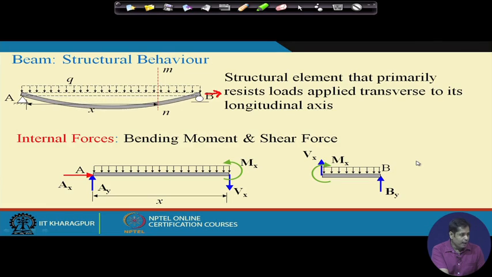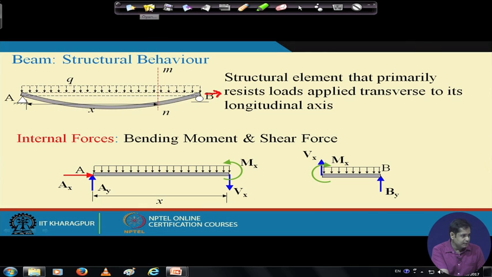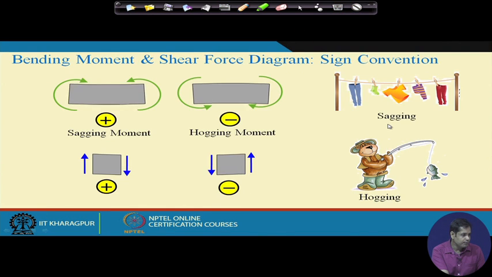Now, let us define the sign convention we use for bending moment and shear force.